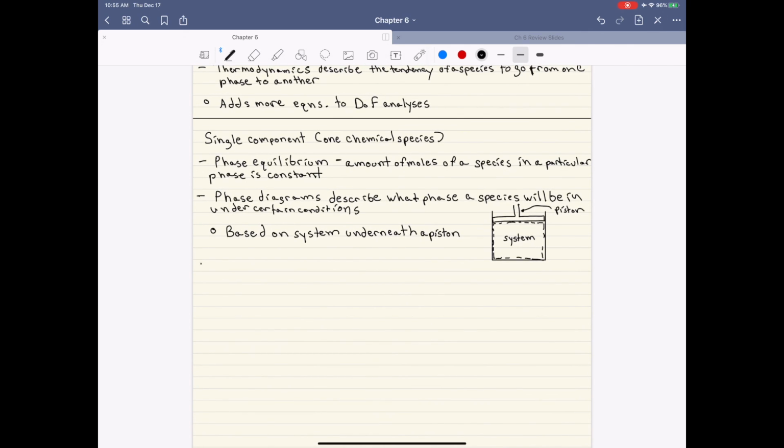Okay? And so at the coexistence line, or lines, right, our single chemical species, even though we just have one chemical species, exists in 2 or more phases.